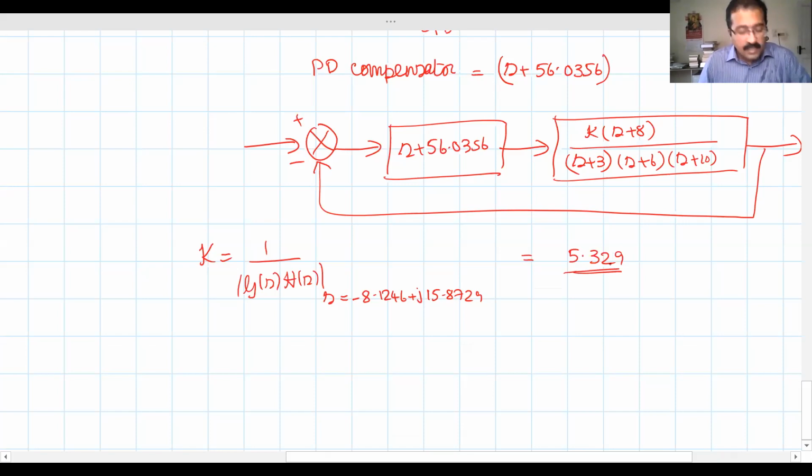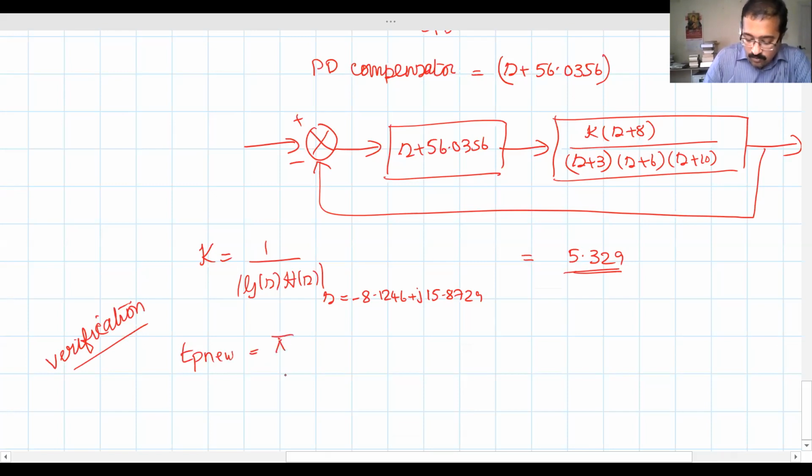Okay, so let us do the verification. After designing the compensator, we should see that our design specifications are met. So we are just trying to verify that. What is the new peak time, Tp new? It is pi by omega d, or pi by omega n into root of 1 minus eta square.